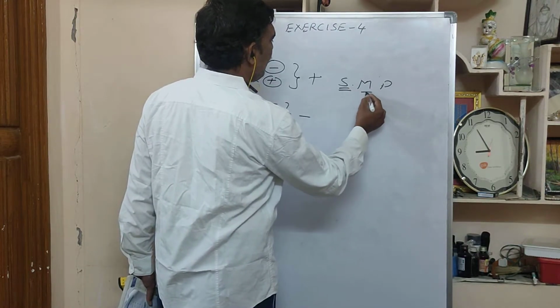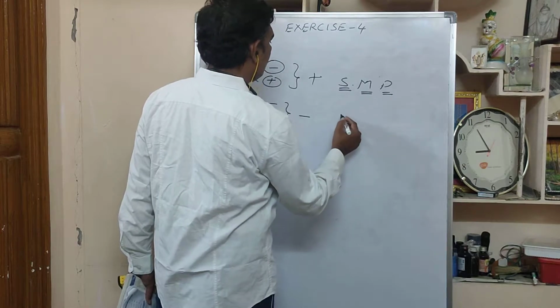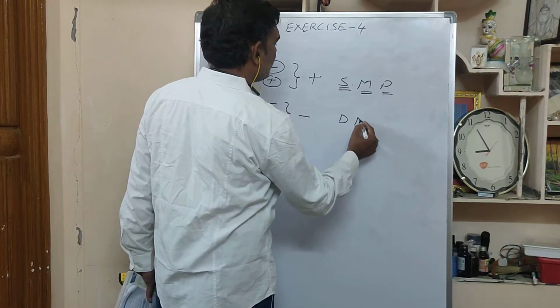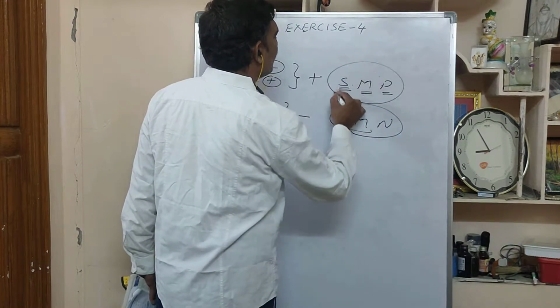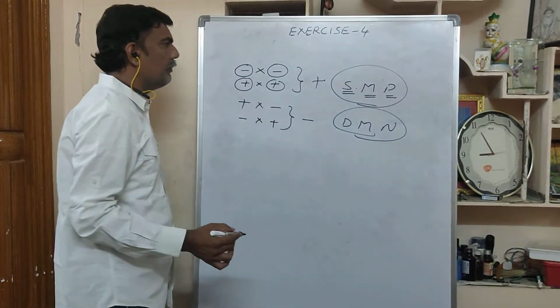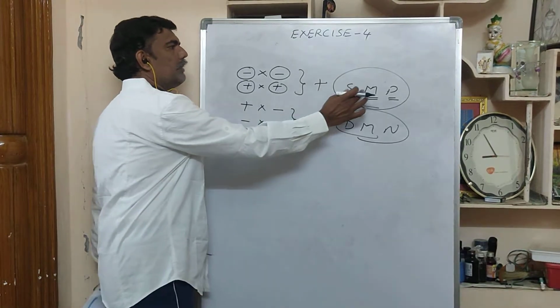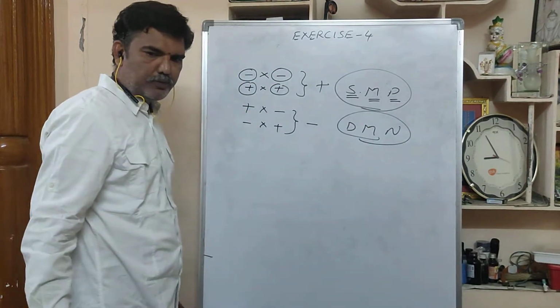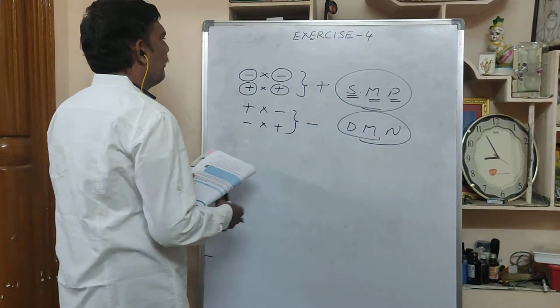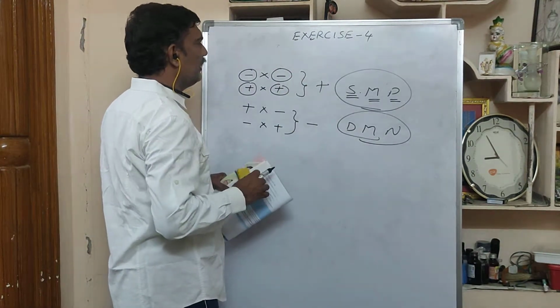Different symbols, multiplication, negative. If you remember these two, we can do the problems by remembering this.